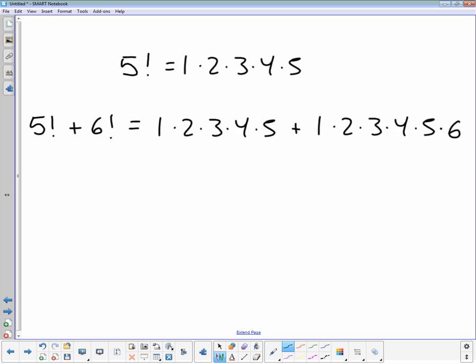So, 5 factorial is 120. 5 times 4 times 3 times 2 is 120. Do you agree?